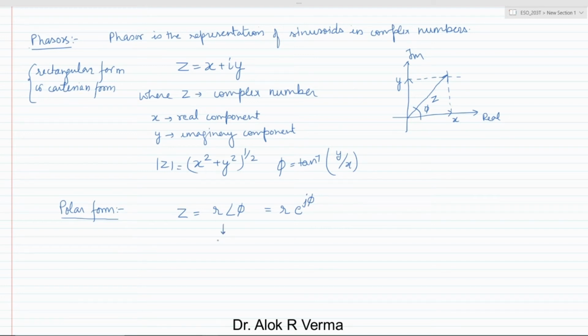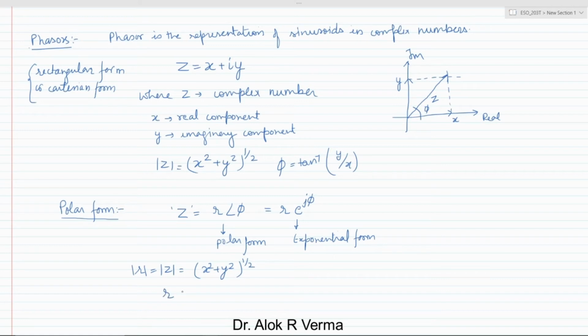This is the polar form, and this is known as the exponential form of the number z, which is a complex number. Now r is nothing but the modulus of z, which is the square root of x squared plus y squared, the total magnitude.